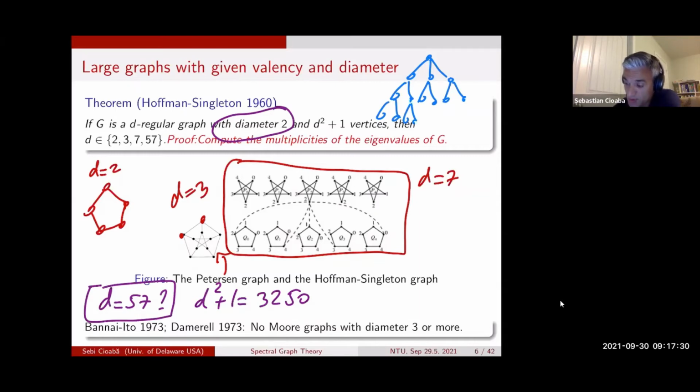Both the results of Hoffman and Singleton and Bannai–Ito and Damerell use linear algebra, namely they study this hypothetical graph, investigate its eigenvalues, and say something about the multiplicities of its eigenvalues being integers. And from there, you either get a contradiction or you get this 2, 3, 7, and 57.